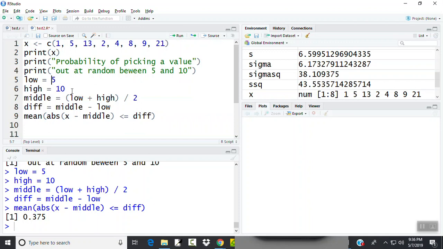But now we can change this. If I'm studying the probability of choosing a number between 2 and 4, now if I run this, 0.25. Between 2 and 4, there's only 2 values. 1, 2, 3, 4, 5, 6, 7, 8, and there's 2 values, 2 eighths, or 1/4, or 0.25.